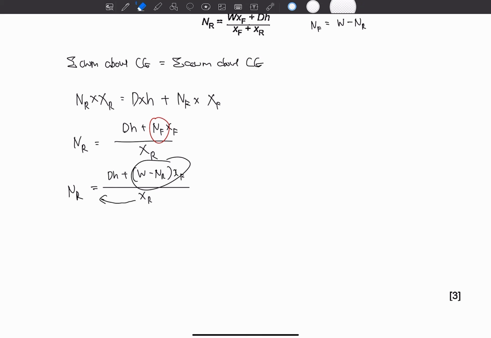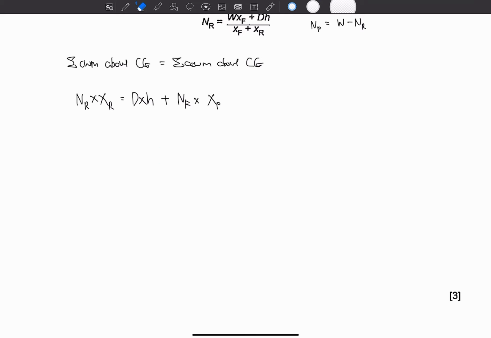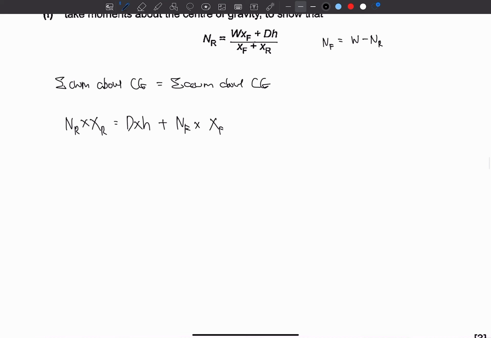So it gets kind of messy. So we're going to restart. We're going to straight away substitute in our expression for NF. So NRXR equals DH plus XF multiplied by W minus NR.